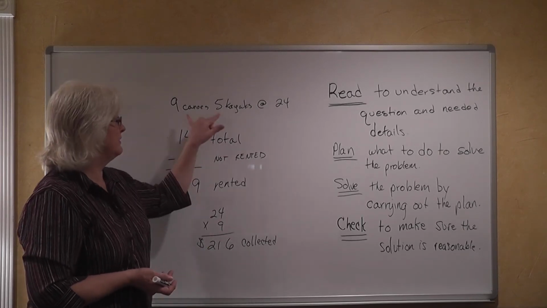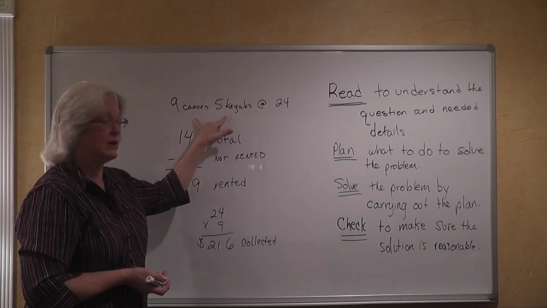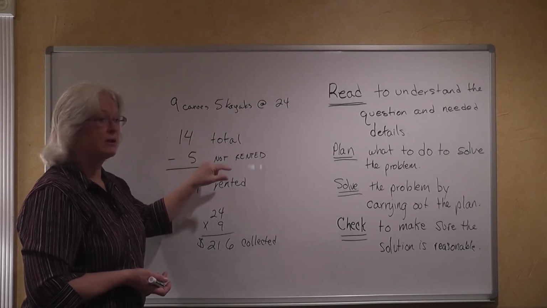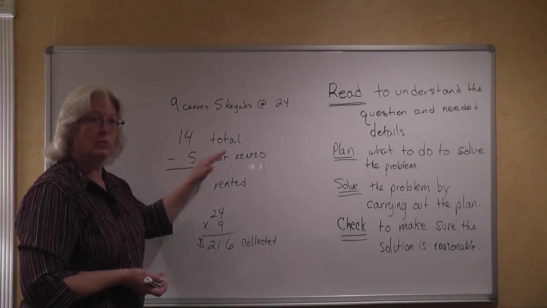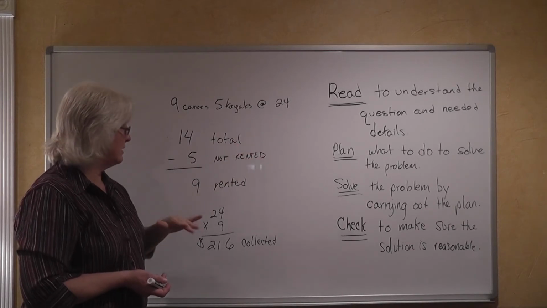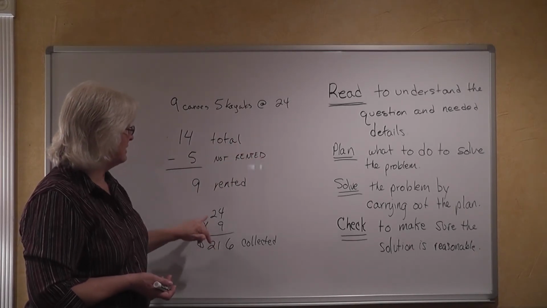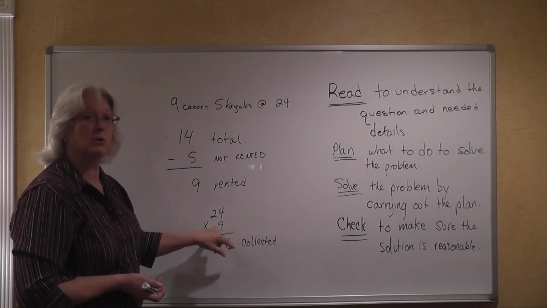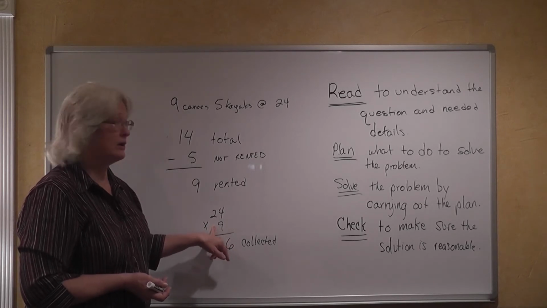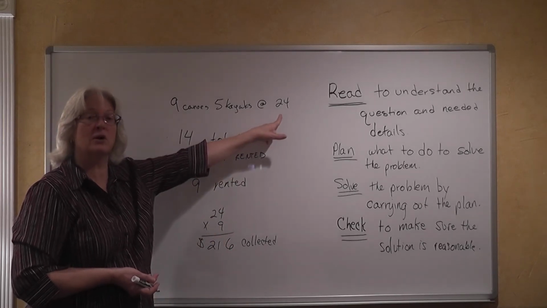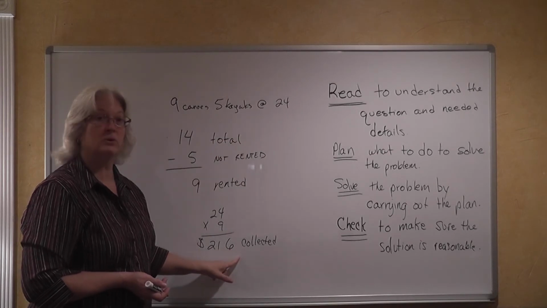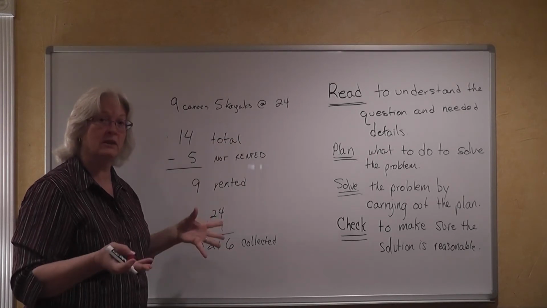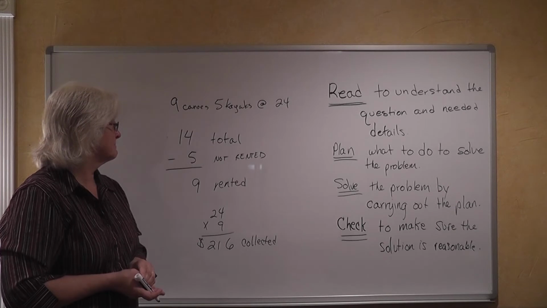See what we did? We figured out the total number of boats that were available. We subtracted the boats that were not on the water that day. Then we took that number, 9 boats that were actually rented, multiplied it by how much it cost per day to come up with $216 that merchant collected for the day.